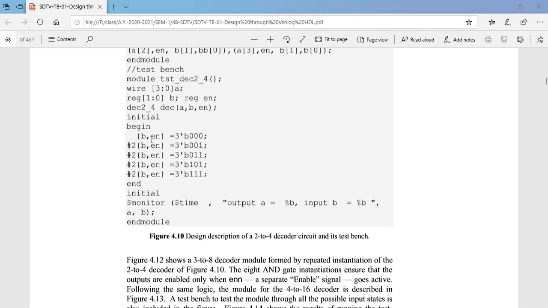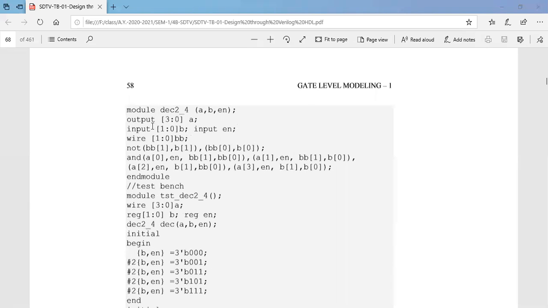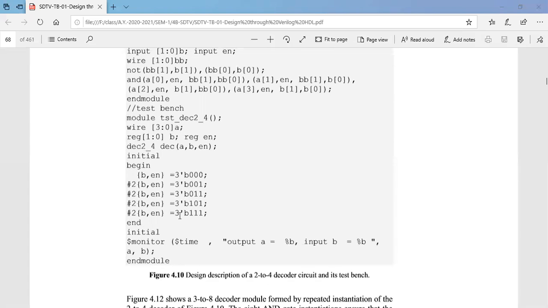What is this B comma enable? Actually, B is only 2 bits. You can observe here. B is only 2 bits. Now here, with the help of this operation, we are concatenating the B and enable. Do you get now? What happens if you write in this type of brackets?